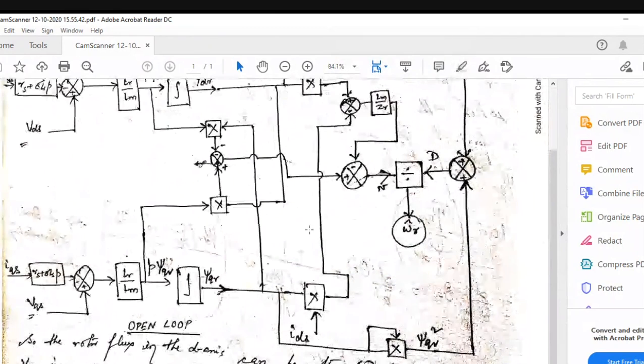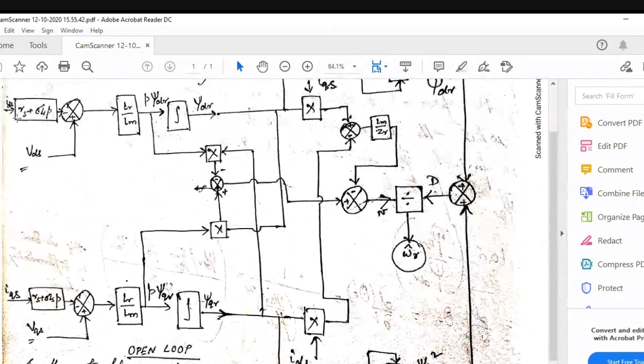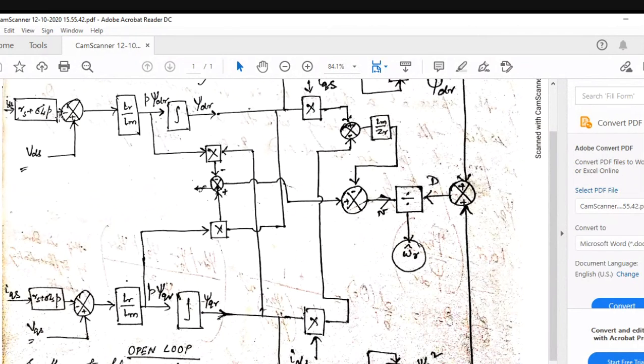Now see this diagram. This one is IDS, this one is VQS, VDS. So RS plus of sigma LSP is basically IDS into RS plus of sigma LSP. How do you get VDS minus of IDS into RS plus of sigma LSP?